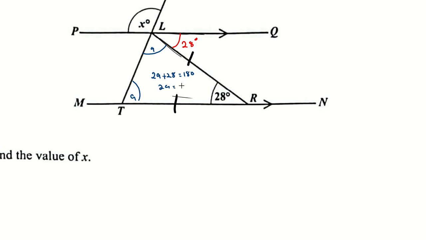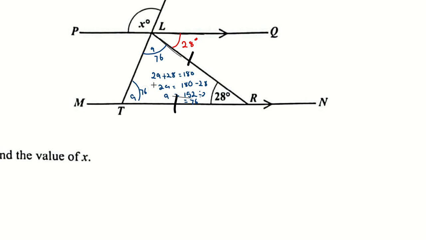So 2A is equal to 180 minus 28. 180 minus 28 is 152, divided by 2. So A is 76. So this angle here is 76 degrees.